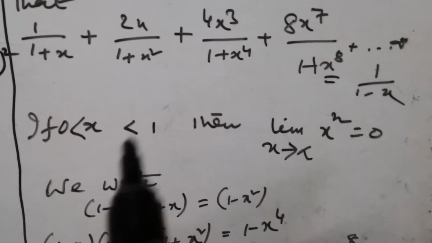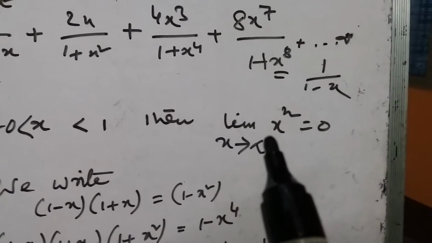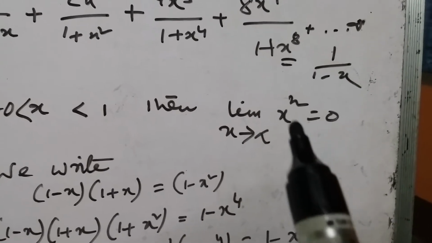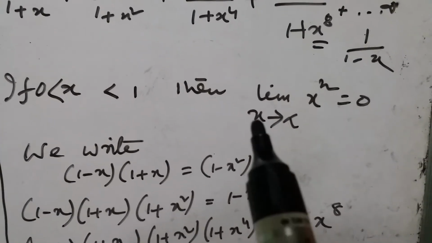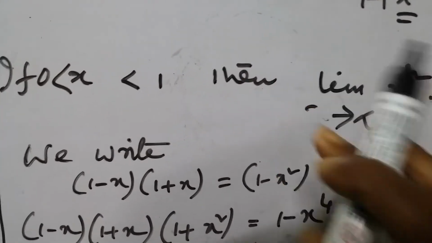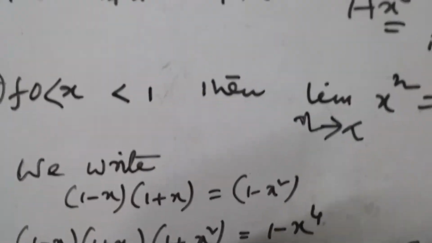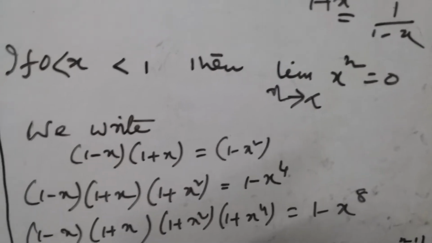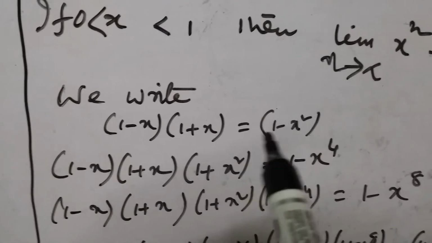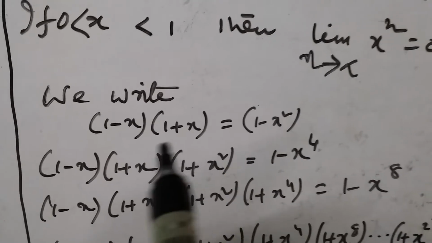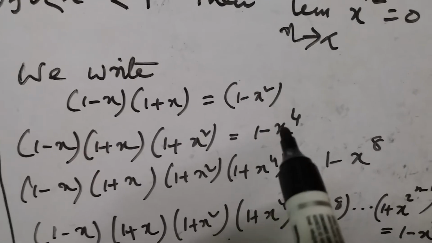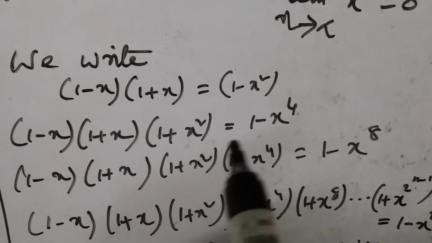Since x is less than 1 and greater than 0, so we can write x to the power n equals 0 as n tends to infinity, because it is a fraction. Now we can write a minus b into a plus b, the a square minus b square formula. Again with 1 plus x squared, it makes 1 minus x4.